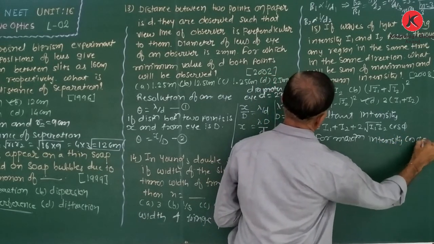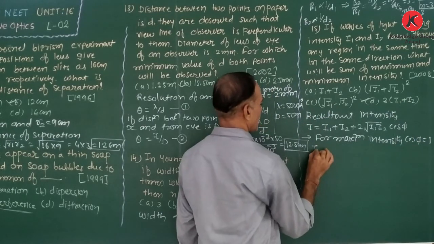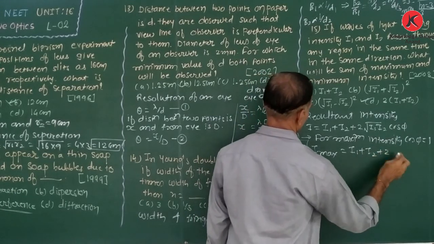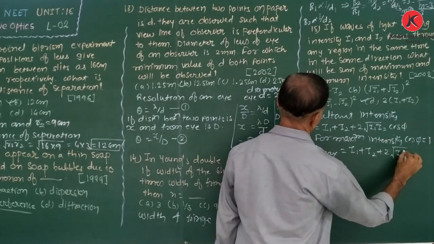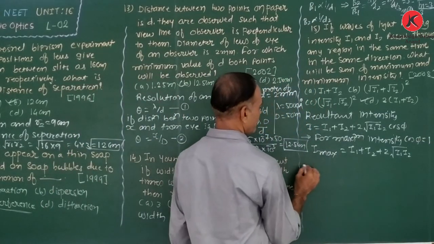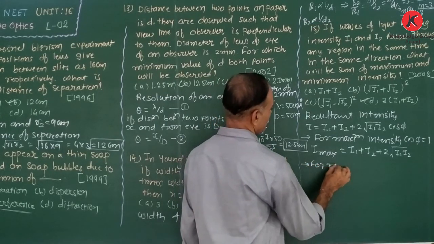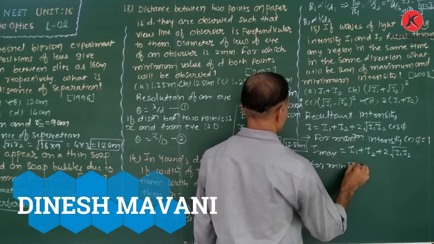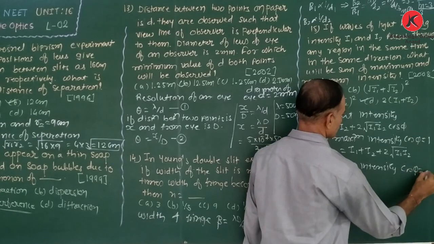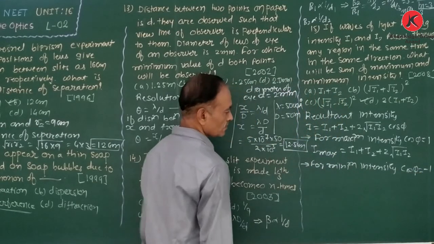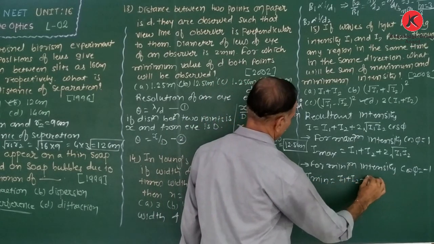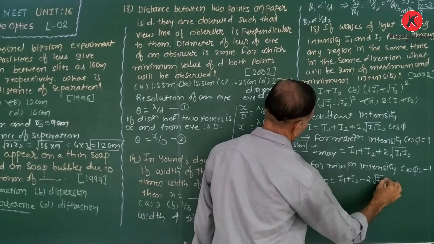Now, for maximum intensity, take cos phi equal to plus 1. Therefore, I max is equal to I1 plus I2 plus 2 under root of I1 I2, because cos phi is equal to 1. Okay. And for minimum intensity, consider cos phi equal to minus 1. Therefore, I minimum becomes I1 plus I2 minus 2 under root of I1 I2.